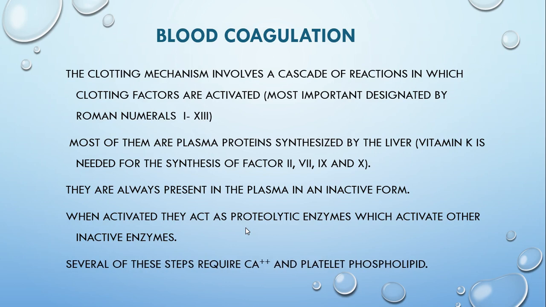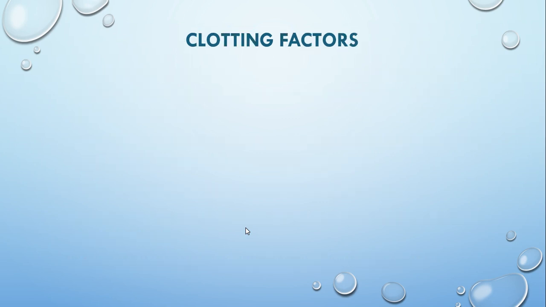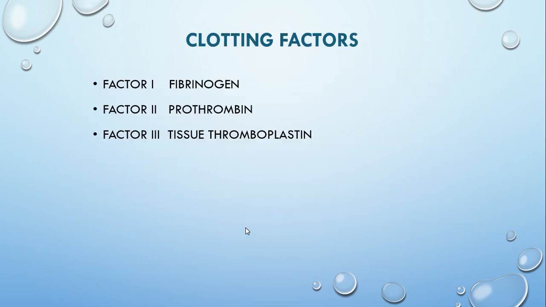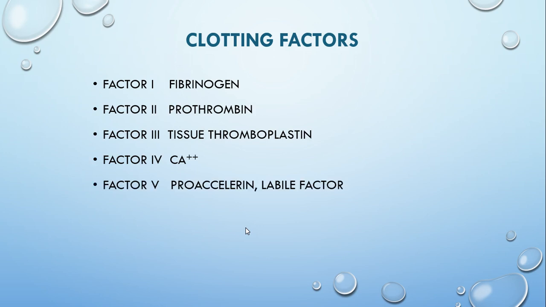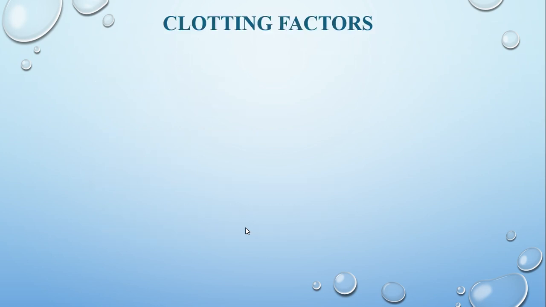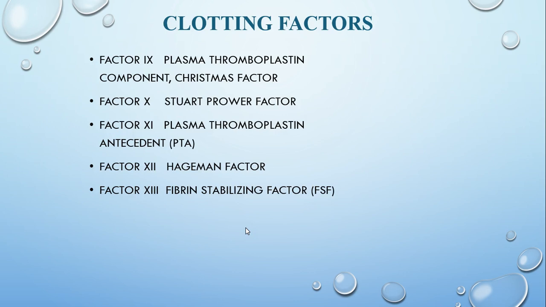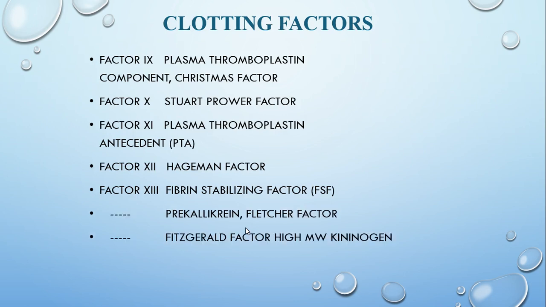When activated, these clotting factors act as proteolytic enzymes to activate other clotting factors. This is the list of clotting factors: factor 1 to factor 13, besides which it includes prekallikrein, high molecular weight kininogen and platelets.